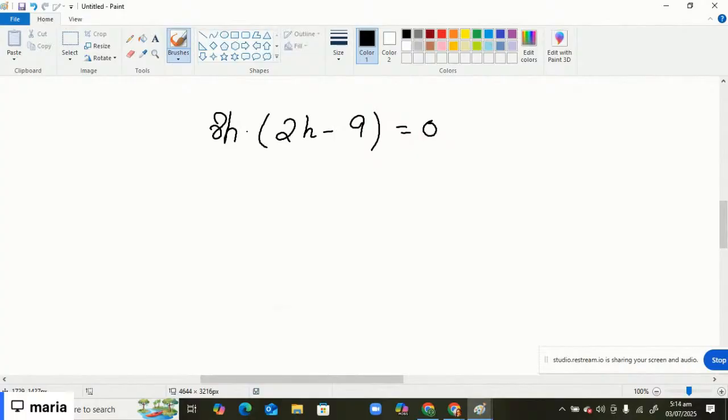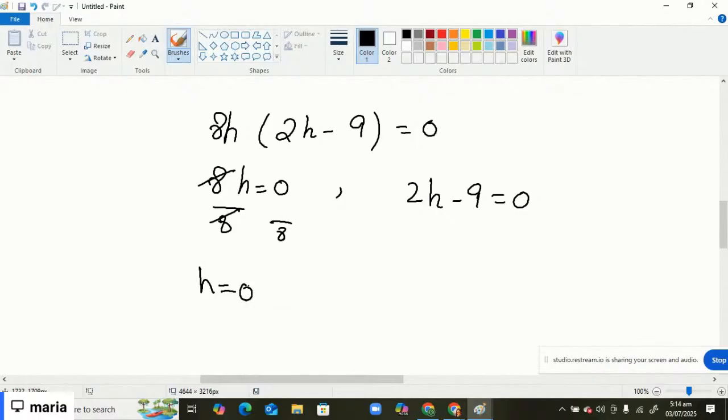Solve it everyone, just tell me the answer in the chat. We are going to put the outside equals to 0 and then the inside of the bracket equals to 0. Now both are divided over 8. This should be cancelled and h is equals to 0.